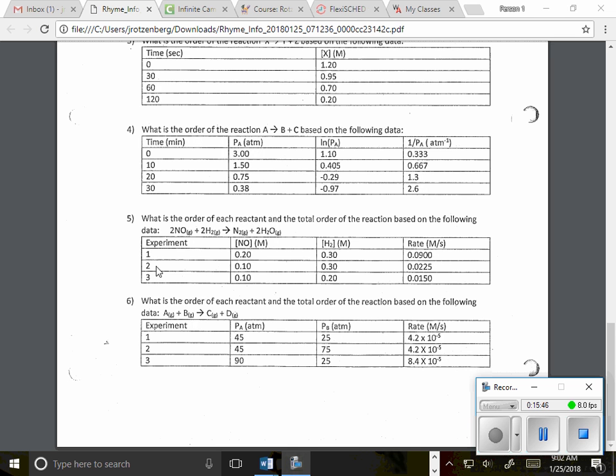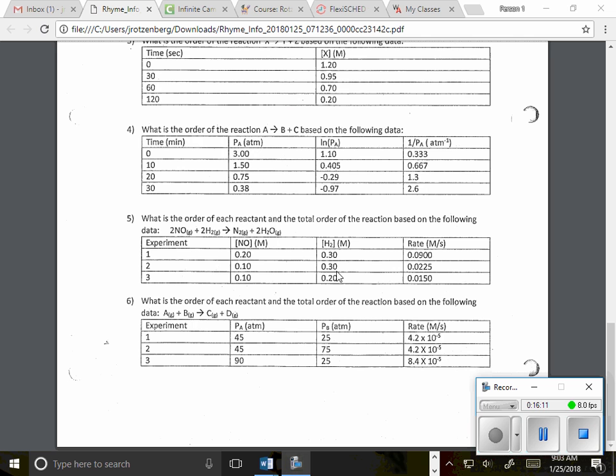If I look at experiment 2 versus 3, the NO concentration is the same. The H2 concentration, again, was cut. It looks like it was cut by 1.5 here. The rate actually changes by the exact same amount that this changes by. So this would be first order in terms of H2.